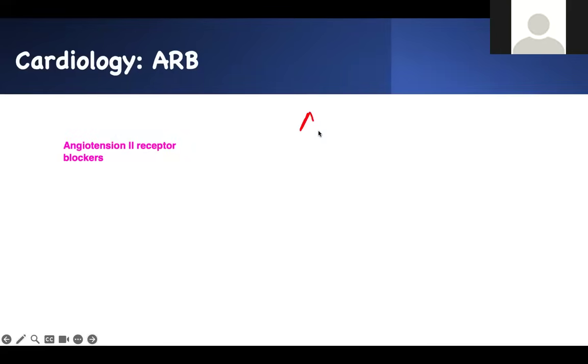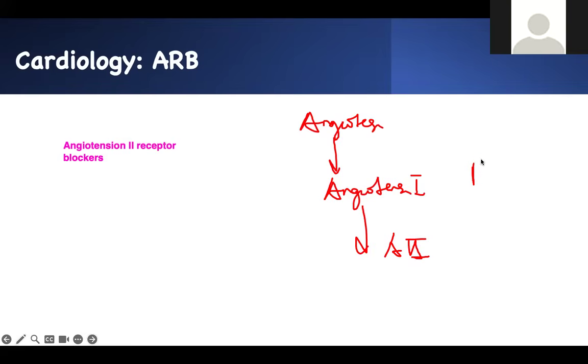We already know that angiotensinogen is going to convert to angiotensin 1, and this is going to be converted to angiotensin 2. And bradykinin is going to be converted to an inactive form. And then angiotensin 2 says, hey, let me make more aldosterone.